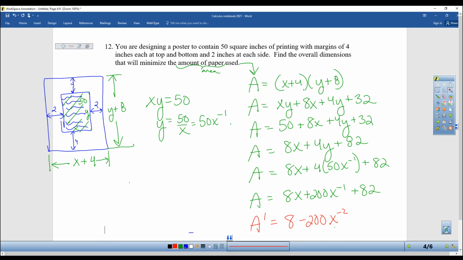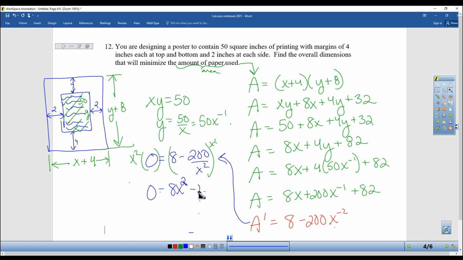Going backwards today. Sorry about that if that was confusing. So I set it equal to 0, and I get 8 minus 200 over x squared. Personally, I clear the fractions. Or you can add 200 over x squared first. Either way. 0 is equal to 8x squared minus 200.